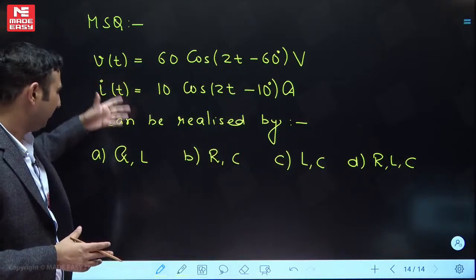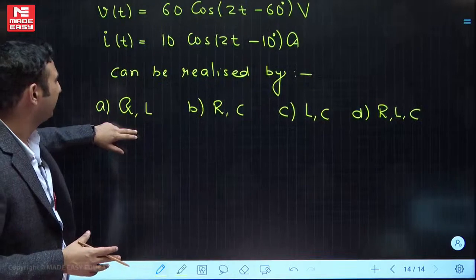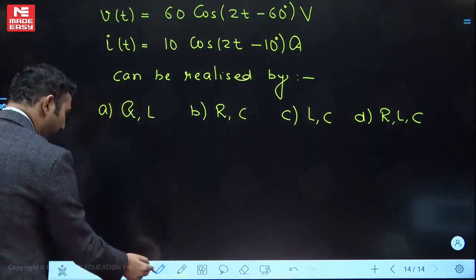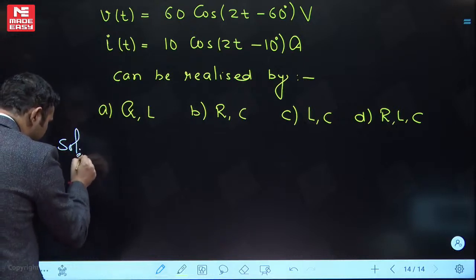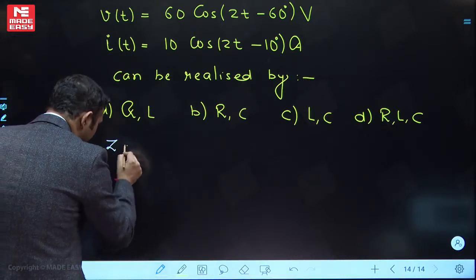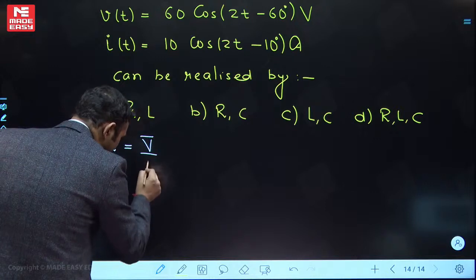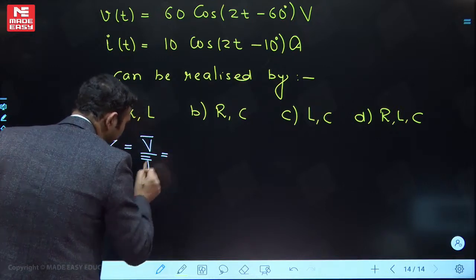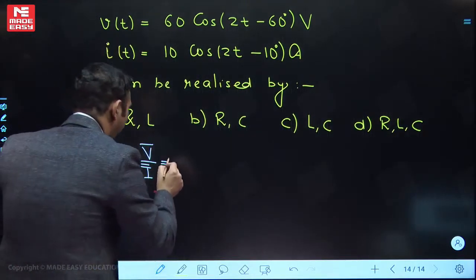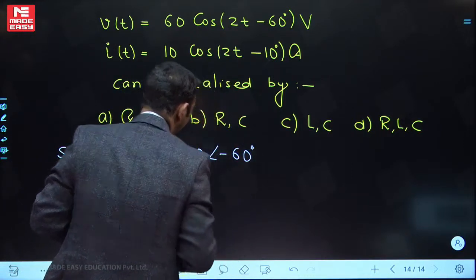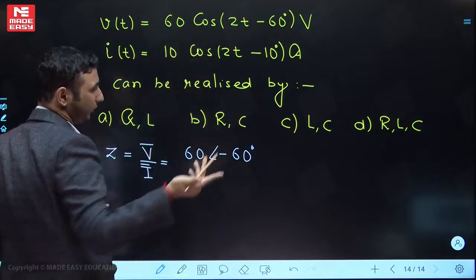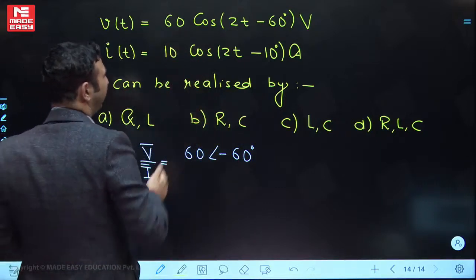And it's an MSQ, multiple choice, multiple select question actually. So first I'll be calculating the impedance value. That will be V by I. Voltage I can write as 60 at an angle of minus 60 degrees, RMS, obviously root 2 gets cancelled for impedance, and I'm writing it in phasor form.